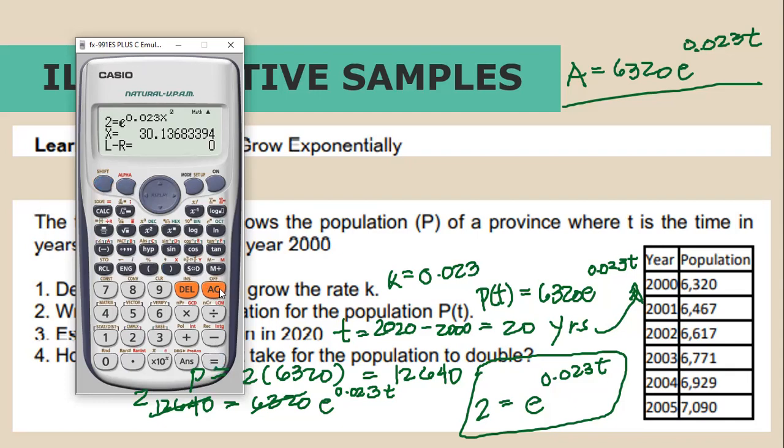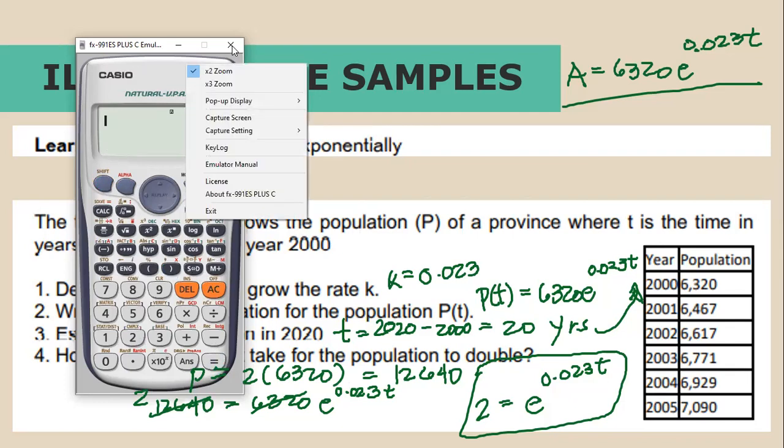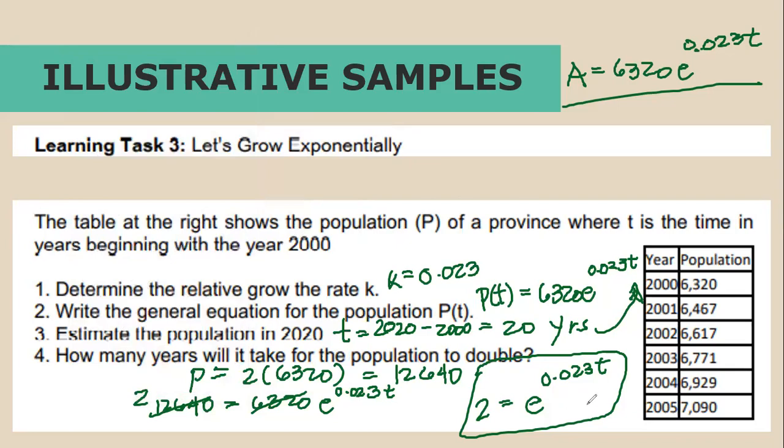Okay, ang sagot po dapat dyan ay 30.14. So after 30.14 years, madodoble ang population. Okay?